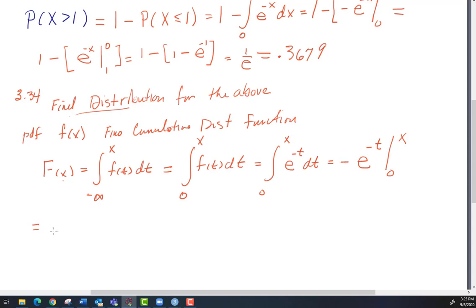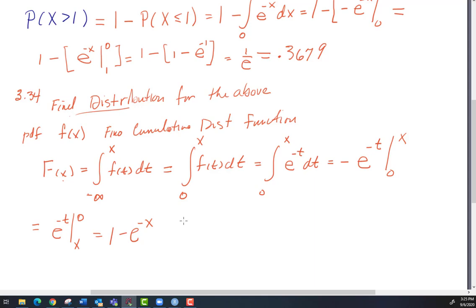You don't have to do that. e to the minus t, x and 0, like that. I've reversed these two limits, is equal to 1. e to the minus 0 is e to the 0 is 1, minus e to the minus x.